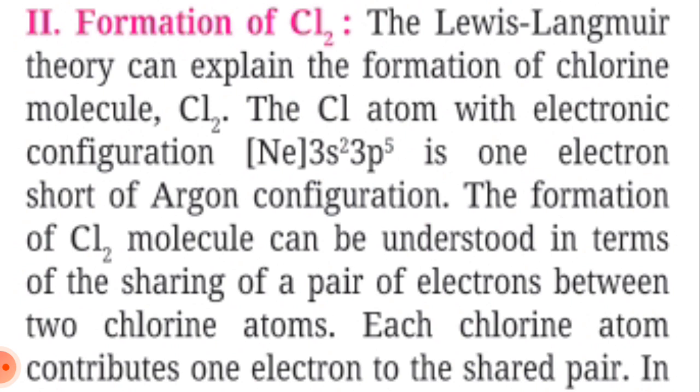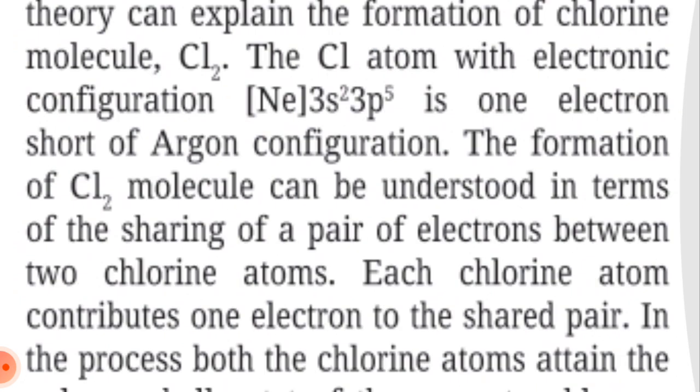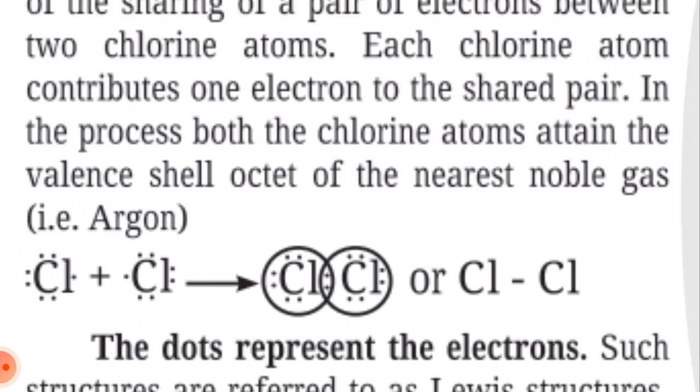The formation of chlorine molecule can be understood in terms of the sharing of a pair of electrons between the two chlorine atoms. Each chlorine atom contributes one electron to the shared pair. In the process, both the chlorine atoms attain the valence shell octet of the nearest noble gas, that is argon.